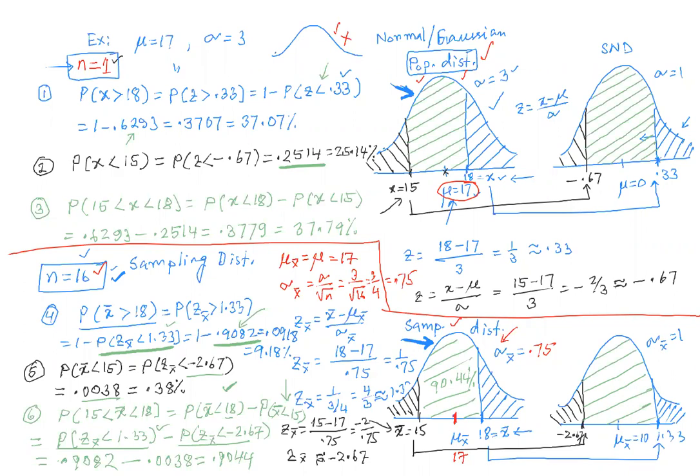Both of these. In one case, we are dealing with population. And in the other case, we are dealing with sampling distribution.